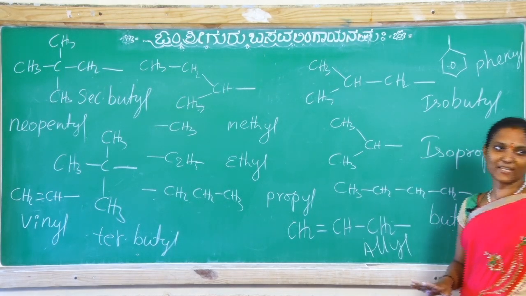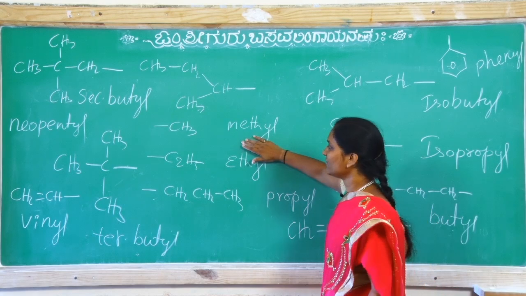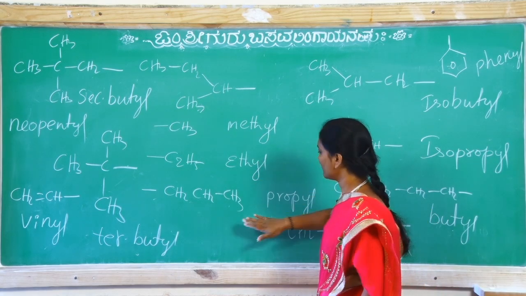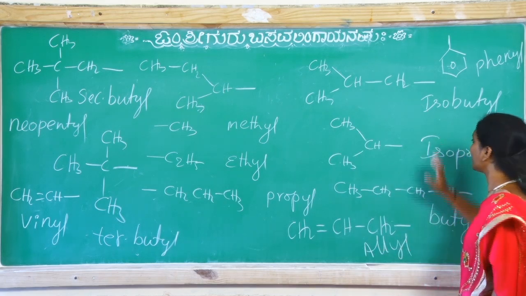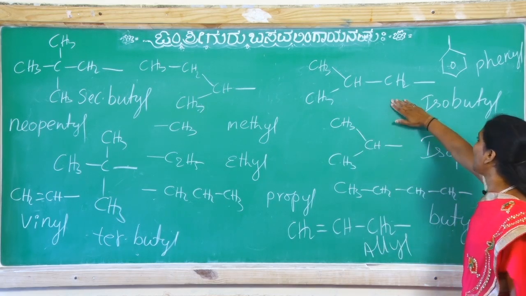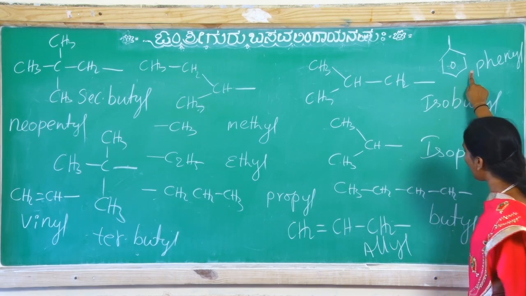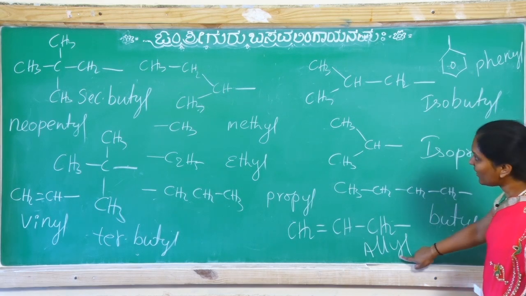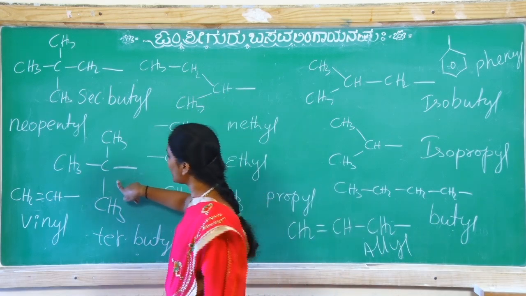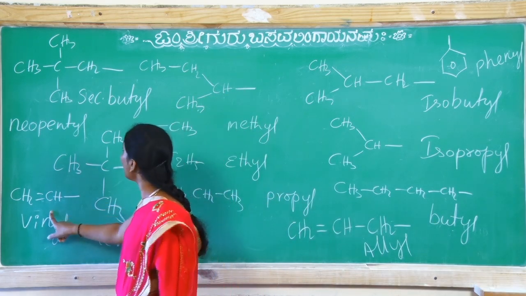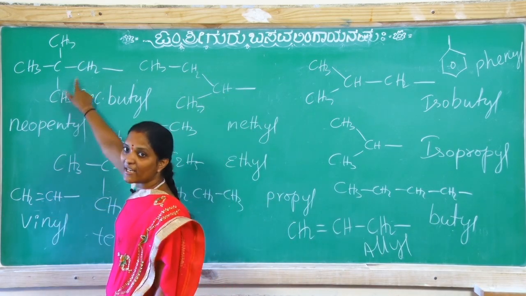Now names of the branches. Methyl, ethyl, propyl. Where isopropyl? Okay. Isopropyl, isobutyl, phenyl, butyl, allyl, secondary butyl, tertiary butyl, vinyl, neopentyl.